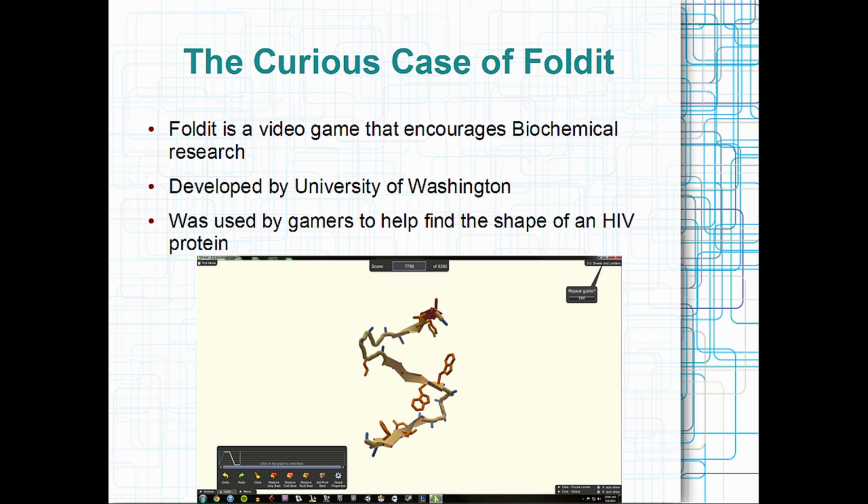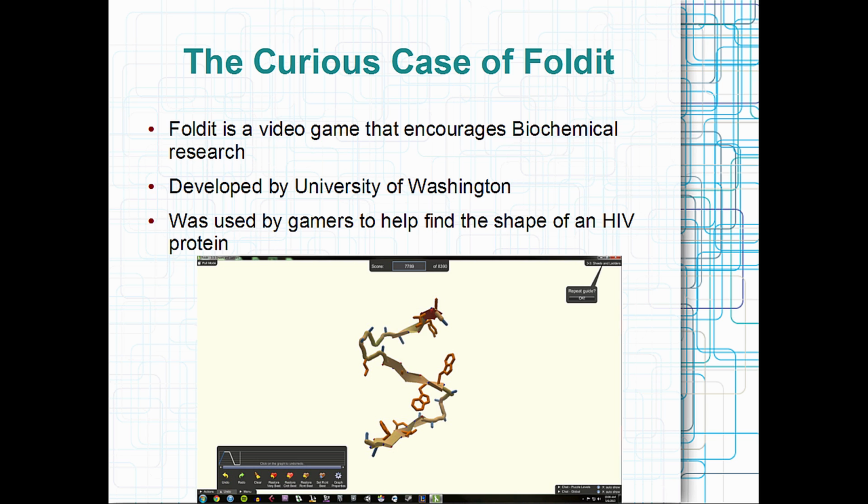And they put one out there that was part of an HIV strain that had not been accurately imaged yet. They'd been working on it since the 80s, but nobody had been able to figure out the shape of this particular strain of HIV. By throwing it onto Foldit, a couple hundred users worked at it over about a week, and eventually they figured out what this protein shape was.